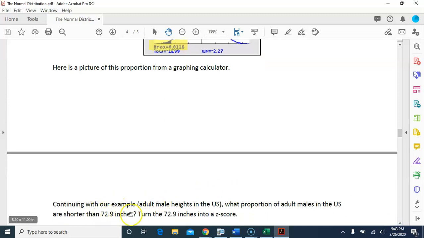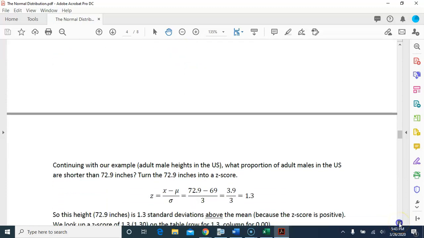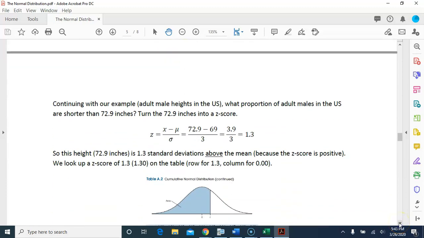So now here's a slightly different example. What proportion of adult males in the U.S. are shorter than 72.9 inches? Well, let's turn the 72.9 into a z-score. When we turn that into a z-score by subtracting the mean and dividing by the standard deviation, we get a z-score of 1.3.